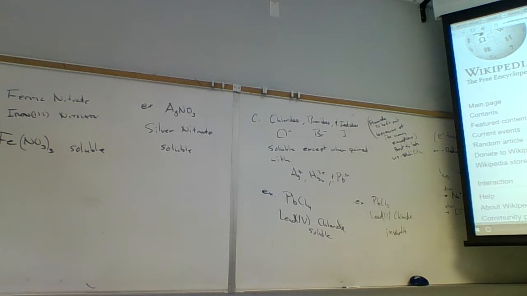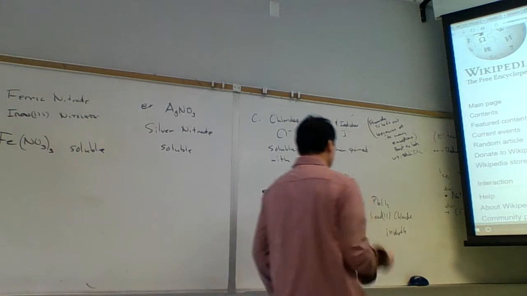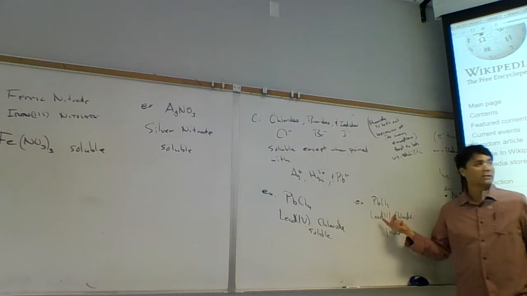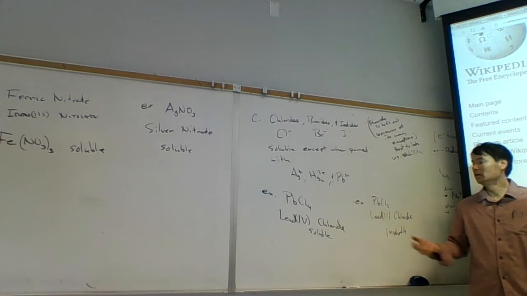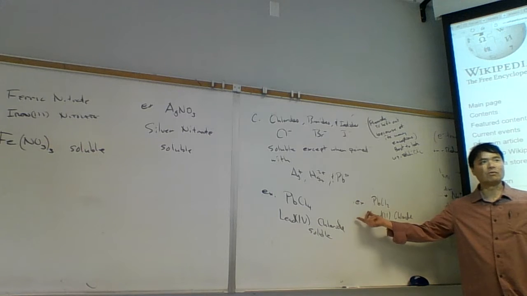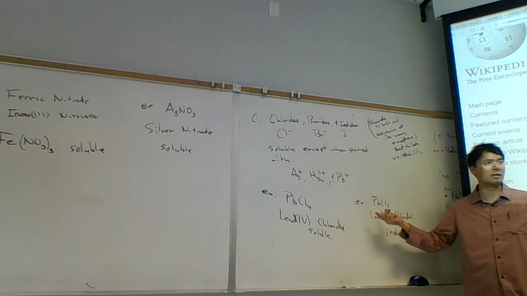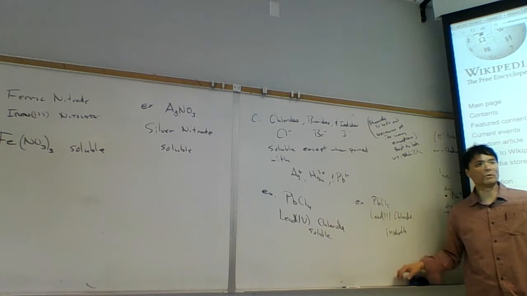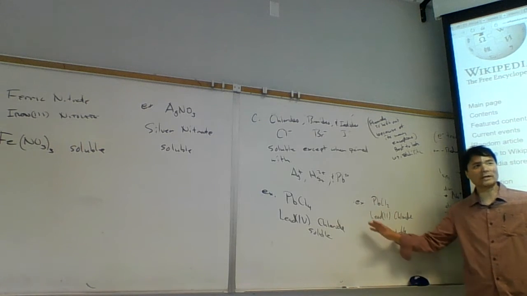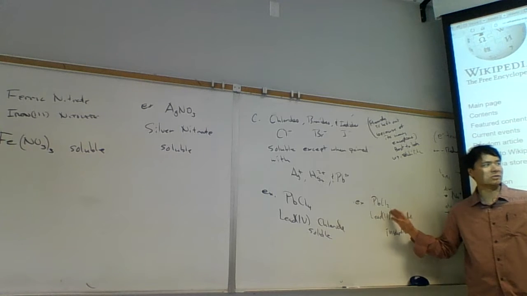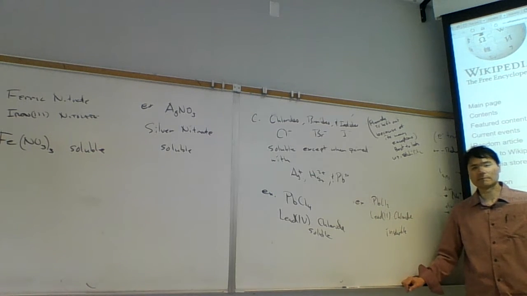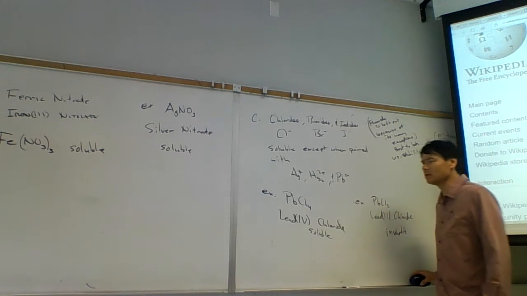Oddly enough, I'll just tell you, lead 2 chloride forms a lattice type structure. Lead 4 chloride forms molecules, not a lattice type structure. And so these are quite different in terms of properties. This is more like a molecular, this is more like a salt, a regular salt. There's quite a big difference in properties.